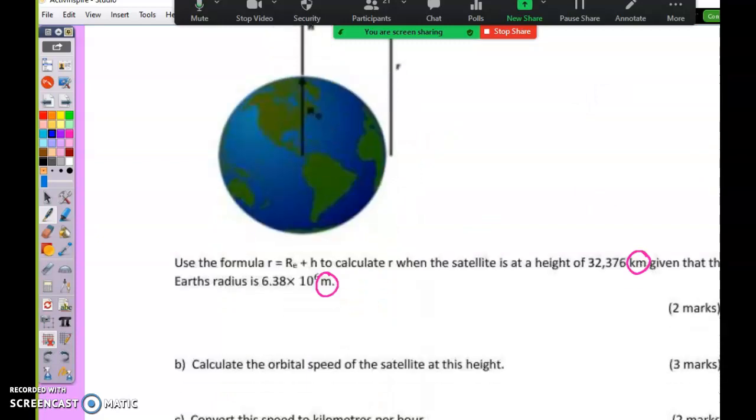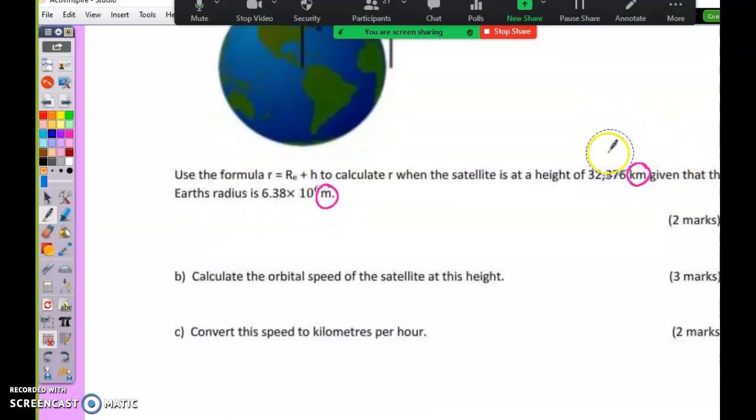So we're going to work out our height in metres. To work out the height in metres, I want to change kilometres to metres. How many metres are there in a kilometre? 1,000, yeah. So I want to times that by 1,000 to get that into metres.